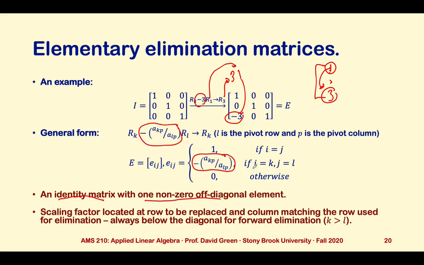We can write this formally as follows. The general form of this elimination matrix has entries Eij, where these Eij are 1 if i equals j.